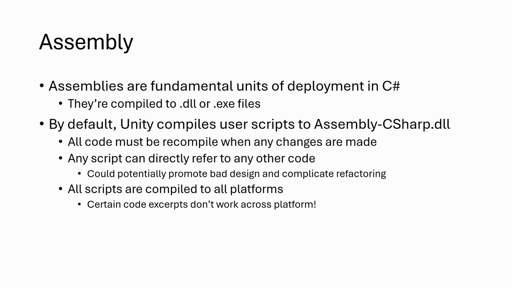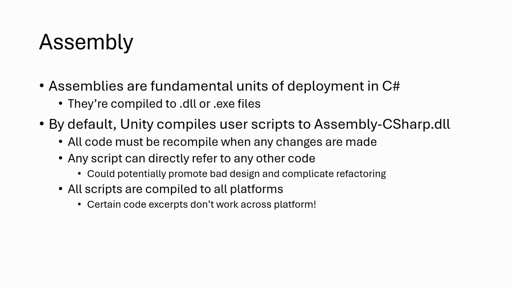By default, Unity provides us with this Assembly-CSharp.dll, which is where all your code is going to be if you don't enforce any kind of assembly definition in your project.